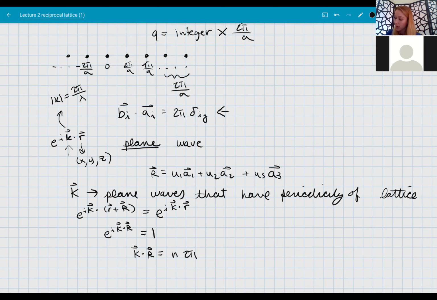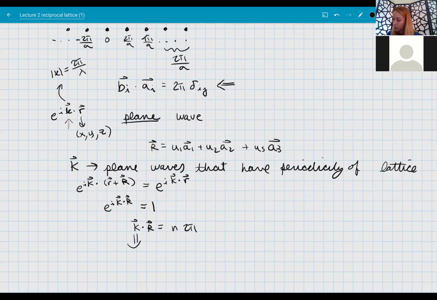So this equation describes this statement for one vector of the reciprocal lattice, but we can see that k is going to be something that has the periodicity of the lattice, and this also means that it can be described with the reciprocal lattice vectors.